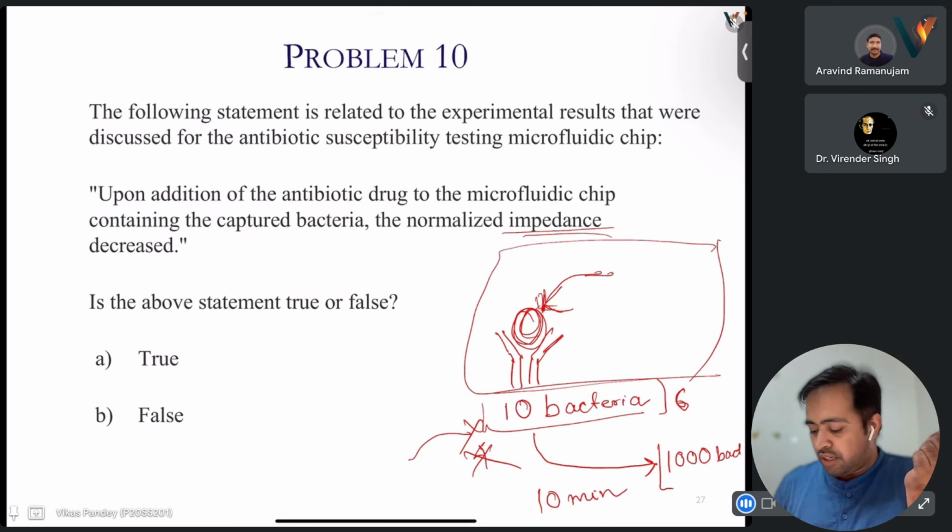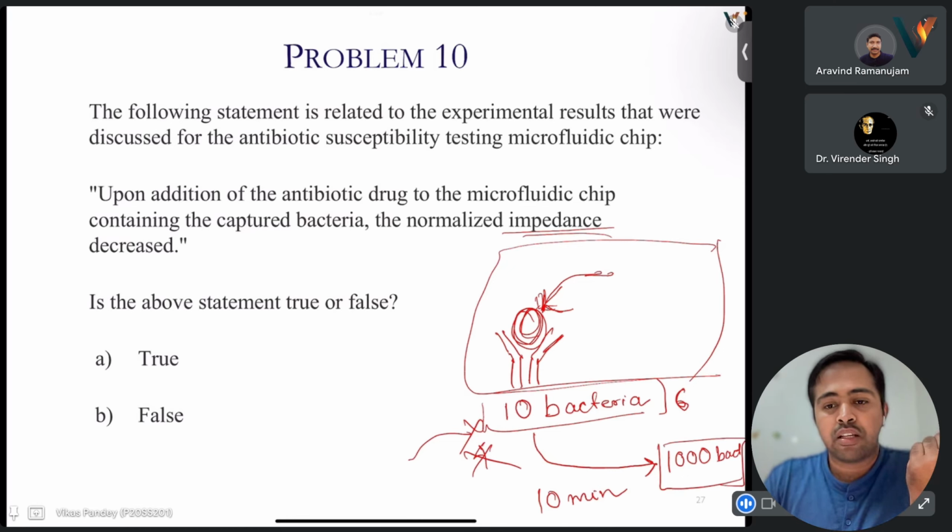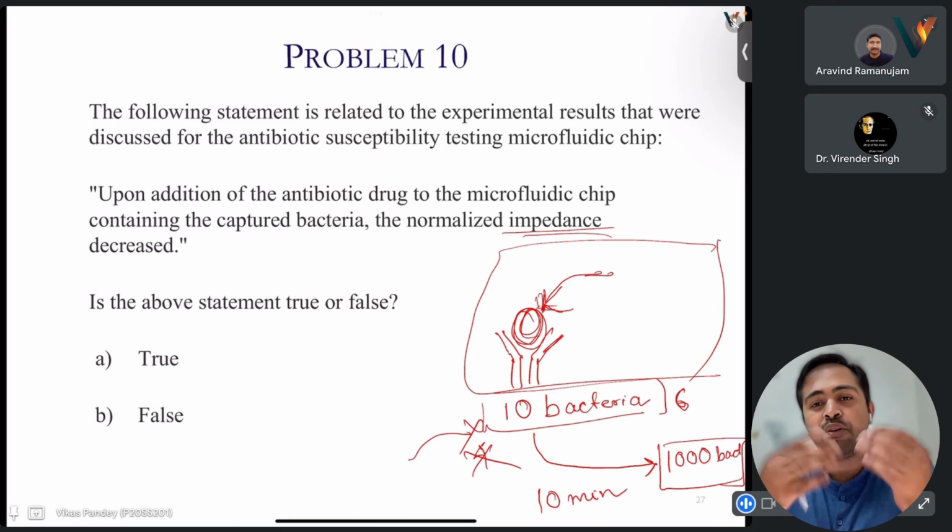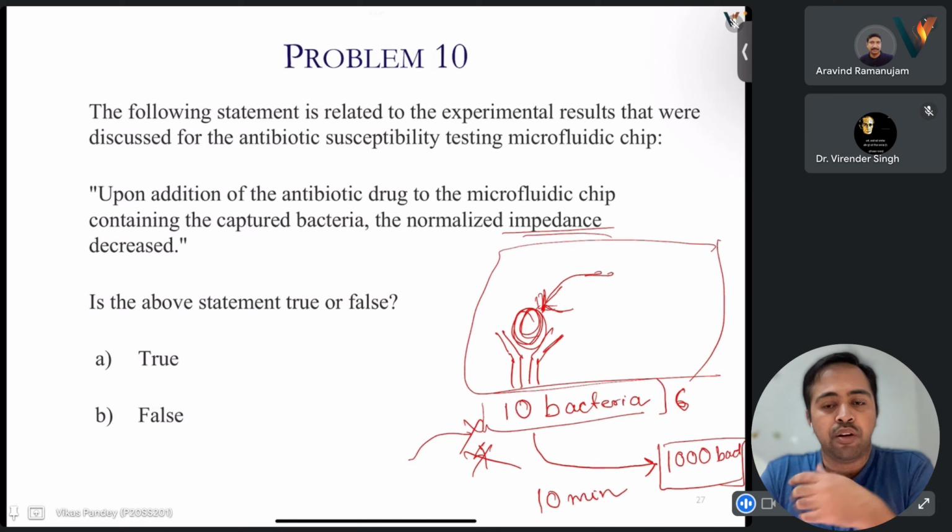At the end, will we get 1,000 bacteria after 10 minutes? We will not. We will have some lower number of bacteria.